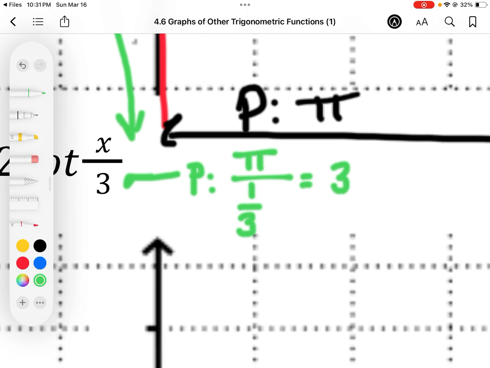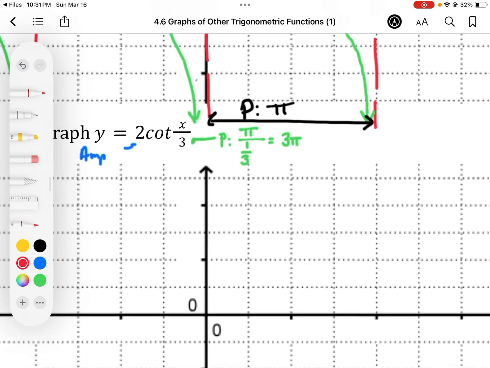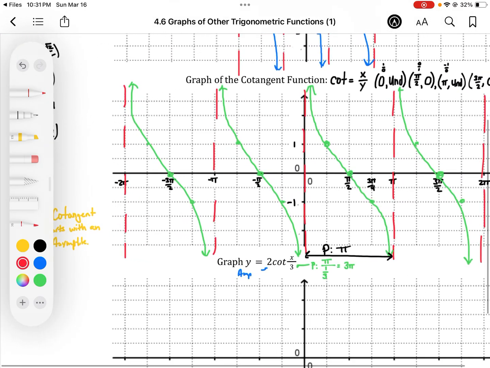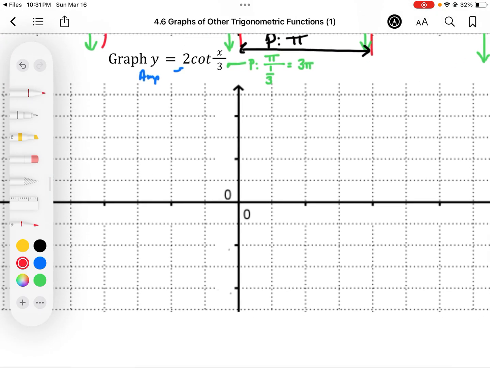So the entire length of my period is 3 pi. So again, that means the length between my asymptotes will be 3 pi. I do not move left or right. What does cotangent start with? An asymptote. So since I do not move left or right, this is going to start with an asymptote.